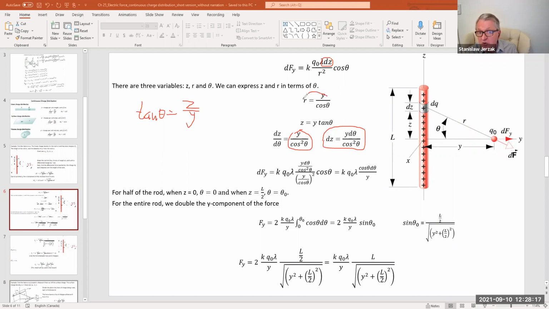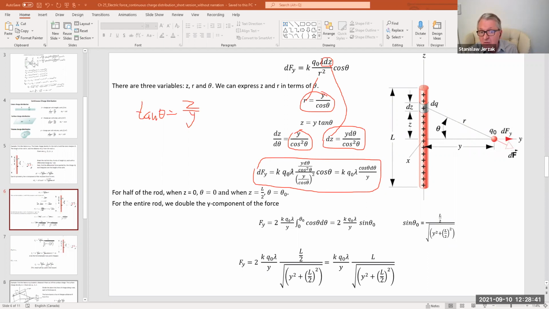So if I substitute for r this, and for dz this, then I will have only one variable to integrate over, and that will be the variable theta. And that's what I have done. You see, I substituted for r, I substituted for dz, which I did in this step. And now many things will cancel.